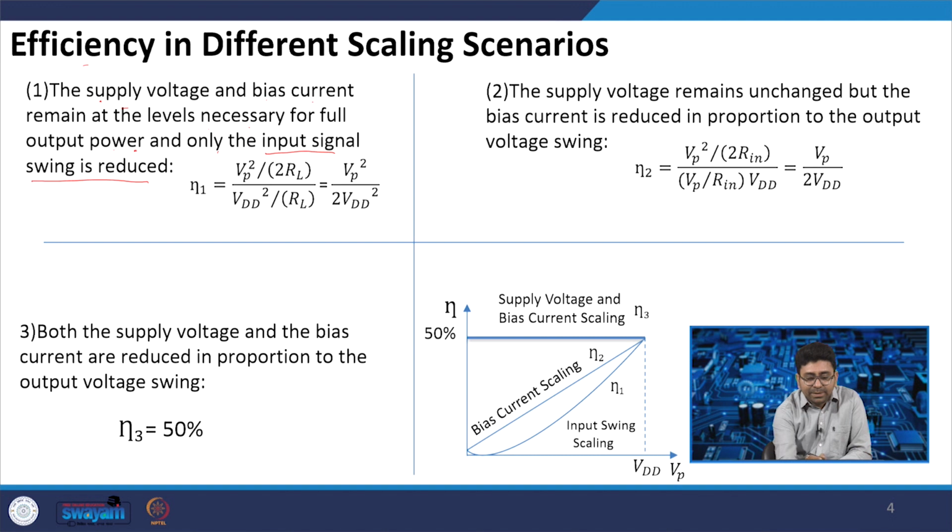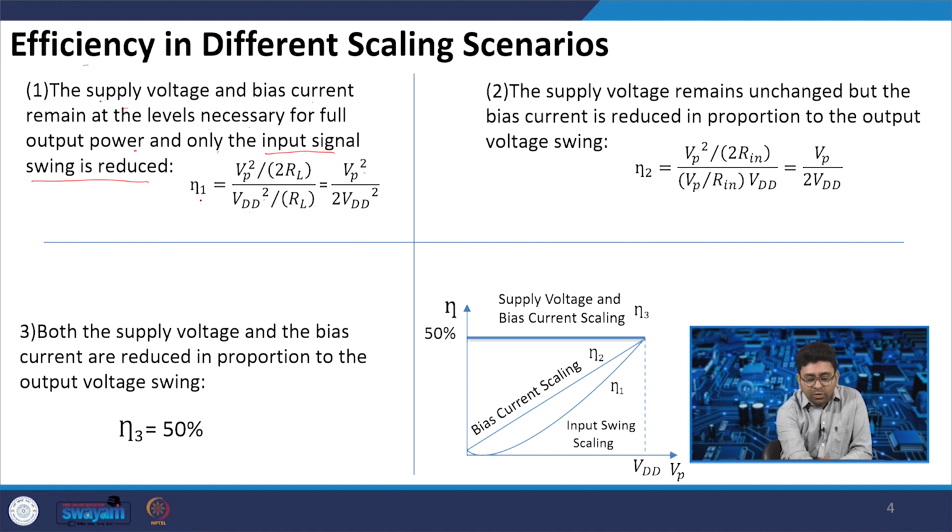So, we can write Vp square by 2 RL, that is the output power, divided by the DC power, VDD square by RL. So, we can write it equal to Vp square by 2 VDD square. This is the efficiency 1.